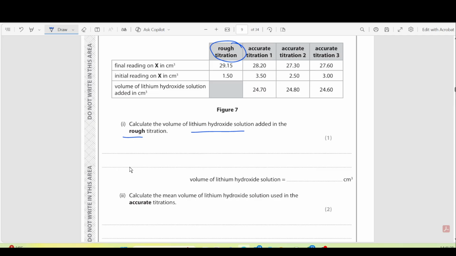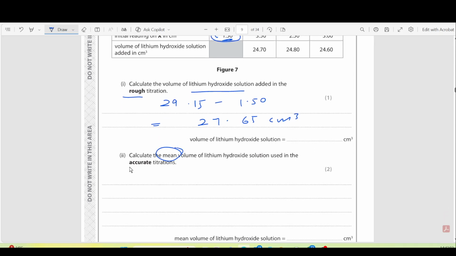And how do we calculate volume? By subtracting the initial reading from the final reading. So initial is this, final is this, so we just subtract them. If we subtract this 1.50 from 29.15, you have to write this, and you will get 27.65 centimeter cube, and that's your answer.